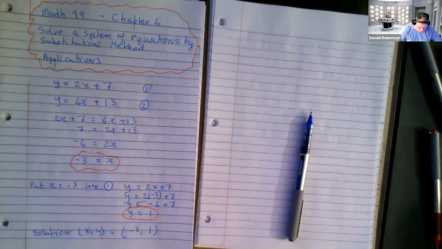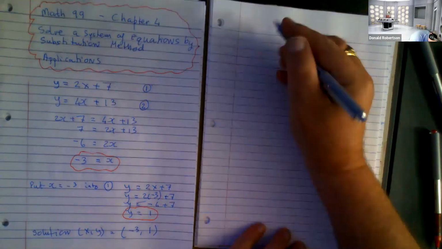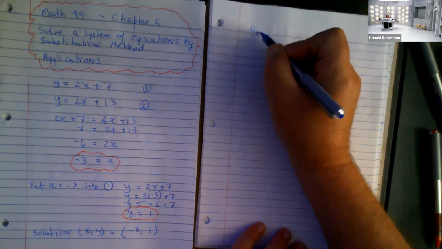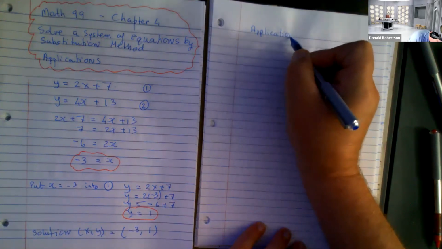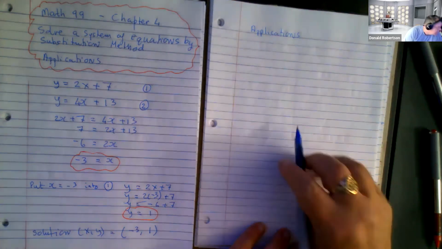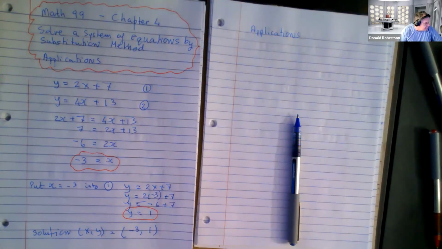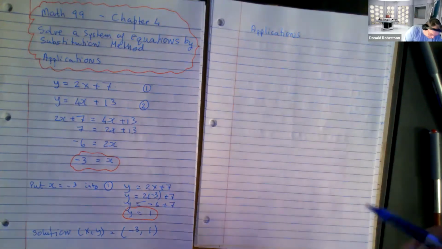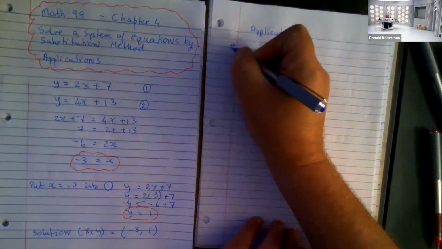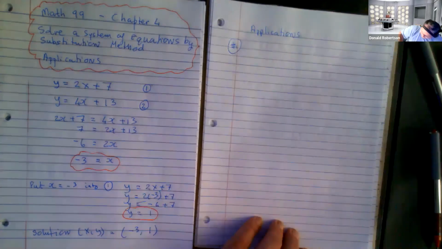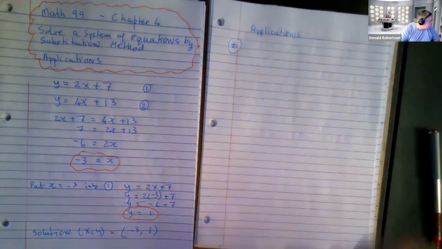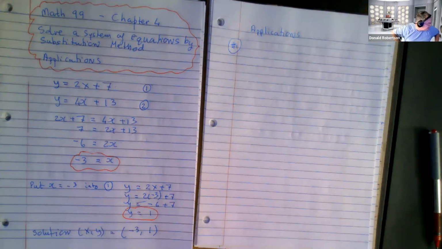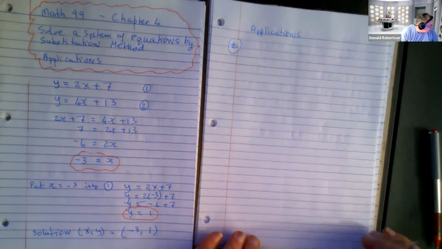What we're now going to look at are applications. Word stories, essentially. And we'll start off with our first example, which is going to be question 1. And question 1 has a jet plane flying with the wind.